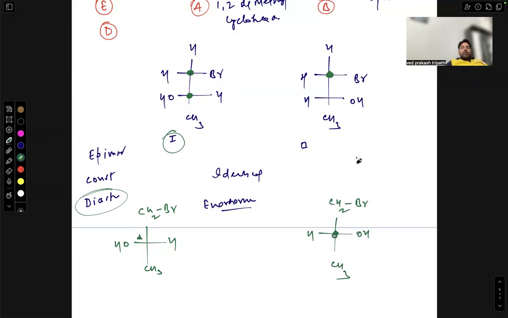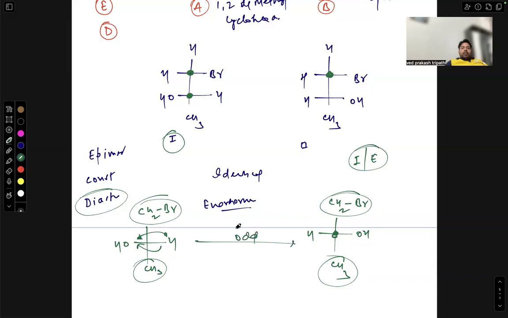So now you have two choices, identical or enantiomer. And I told you the rule, the exchange rule. CH2Br, CH2Br, same position. CH3, same position. There is an exchange of H and OH only, an odd exchange. And whenever we have an odd exchange, it means enantiomer. So the answer would be enantiomer. No need to figure out the R and S method.